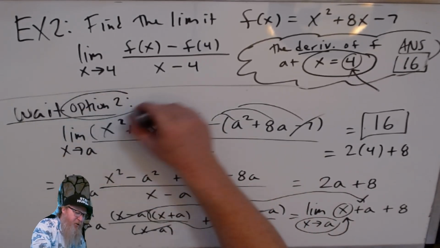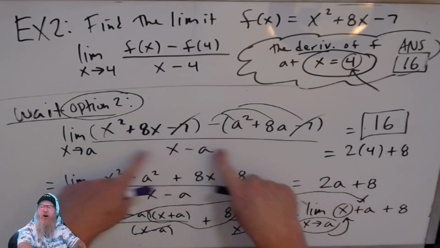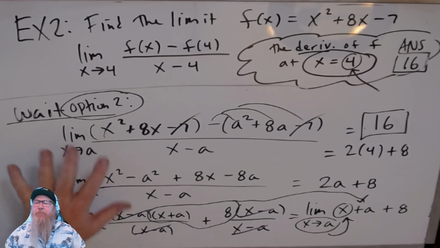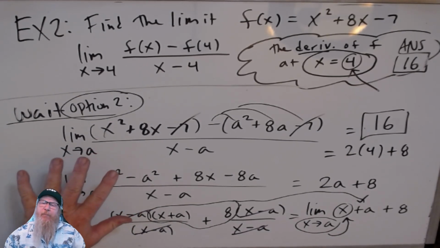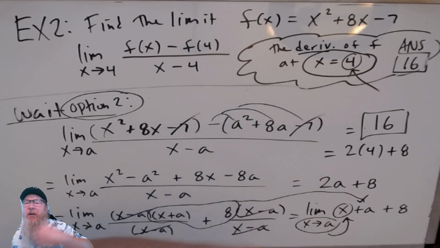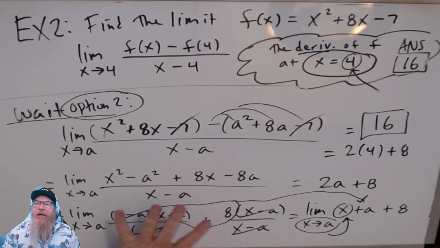So that's option 2. The reason why I showed you option 2 first was because I'd already shown you how to do it with the replacement value a, right? The nice thing about option 2 is that we've done it before, and if you want to try another example of this, you don't have to do the whole problem again.